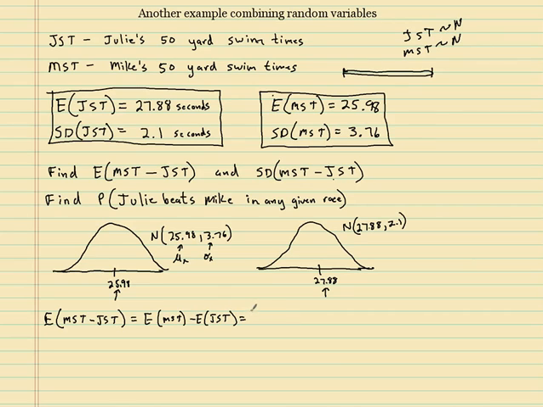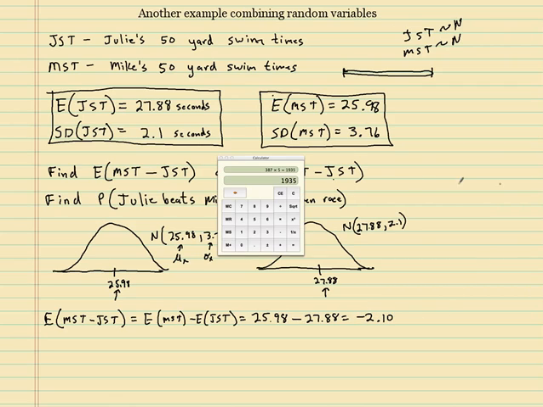Mike's was 25.98 minus Julie's, 27.88. So what's that going to be? Negative 2.10. I will verify just so I don't mess up.